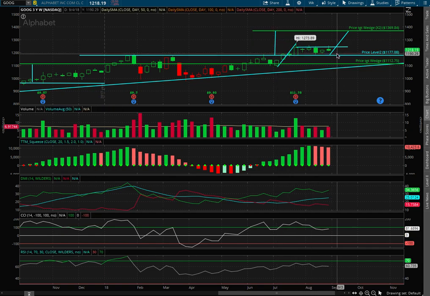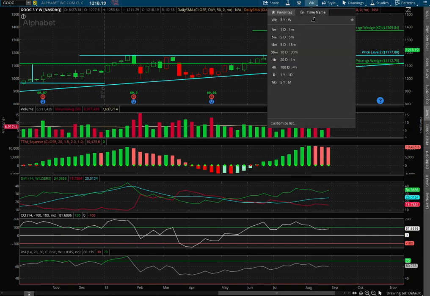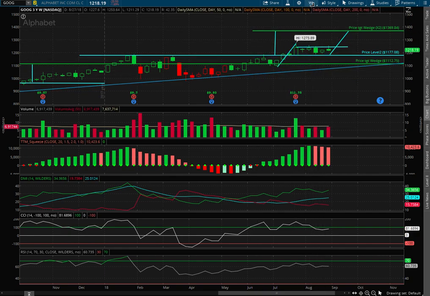Okay, so now I got that. Now let's go to a lower time frame. So this was the weekly chart. So remember, you have to know your time frames and when they're going to play out. A monthly chart takes a month for a candle to establish.